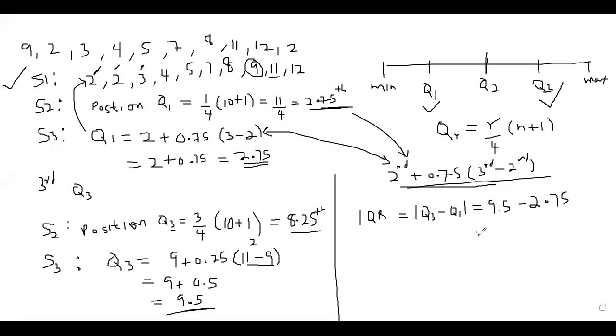And when we do that calculation, we should get 6.75. Can you just check that for me? So it's correct. Very good. Okay, so that is how we get the interquartile range as well. And at this juncture, I'll take 1 or 2 questions if there are any.